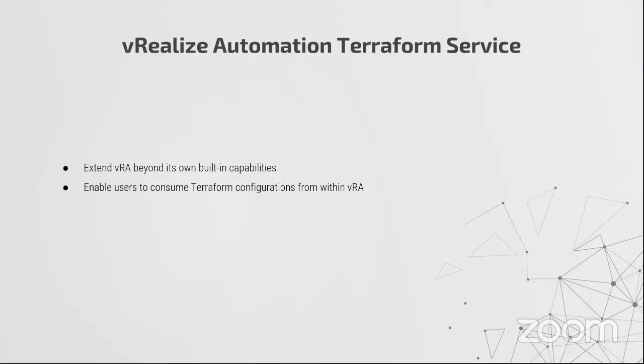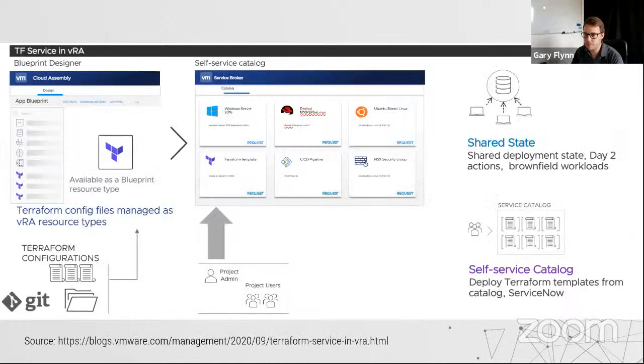So you might have Terraform code that creates an F5 load balancer along with ServiceNow integration or your Datadog integration or all of those providers that Terraform supports, but VRA doesn't. So in VRA, we can actually provide those configurations for users to consume.